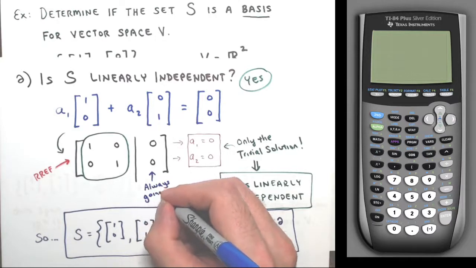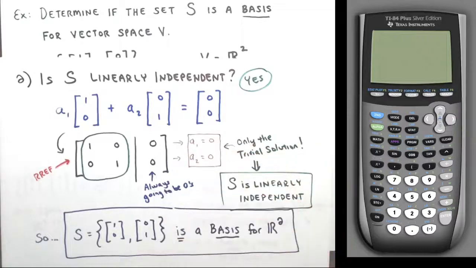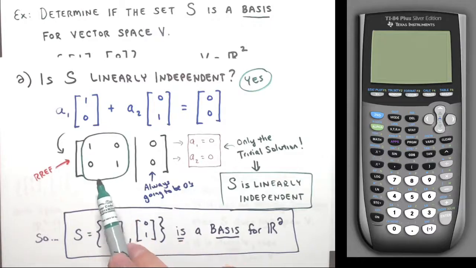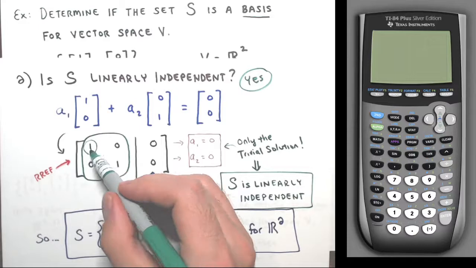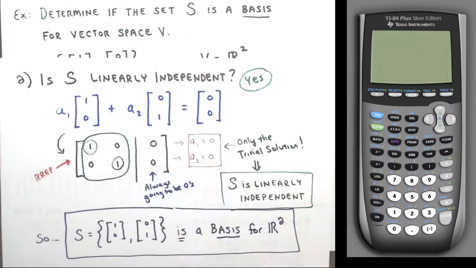These won't change when you're testing for independence. So very often, you're just going to focus on the coefficient matrix and put that in reduced row echelon form. And if every column is a pivot column, remember the pivots, the columns where the leading ones are, you see how every column is a pivot column.